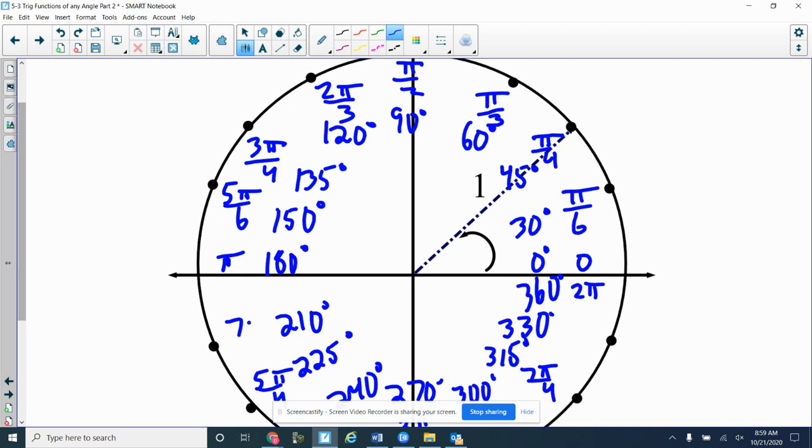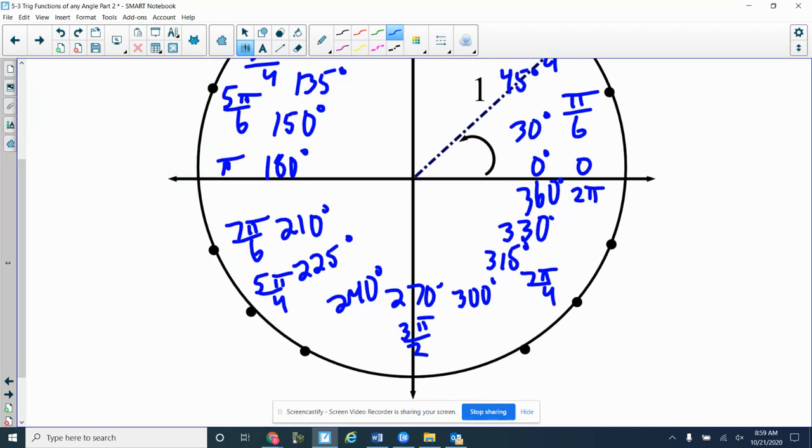Down here would be 7 pi over 6. This would be 8 pi over 6, which is 4 pi over 3. Then we have 9 pi over 6, that's 3 pi over 2. 10 pi over 6, which is 5 pi over 3. And finally, 11 pi over 6.